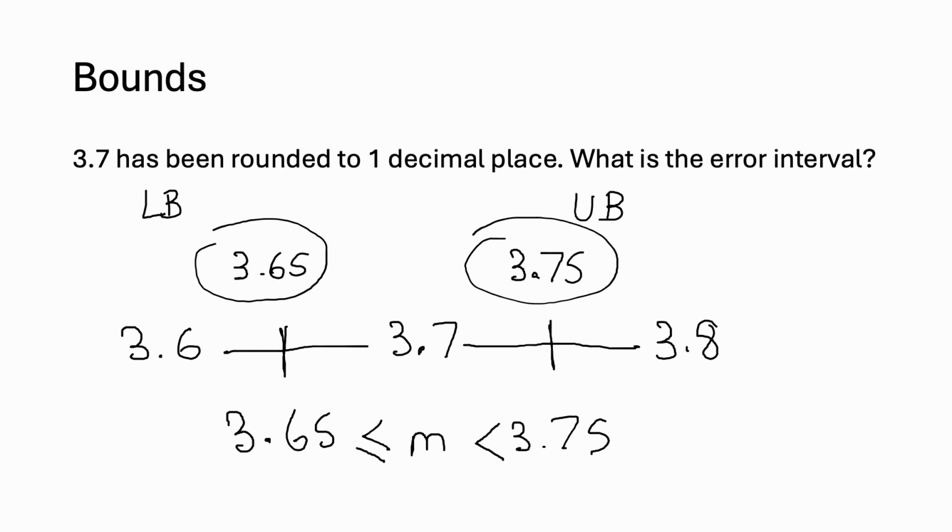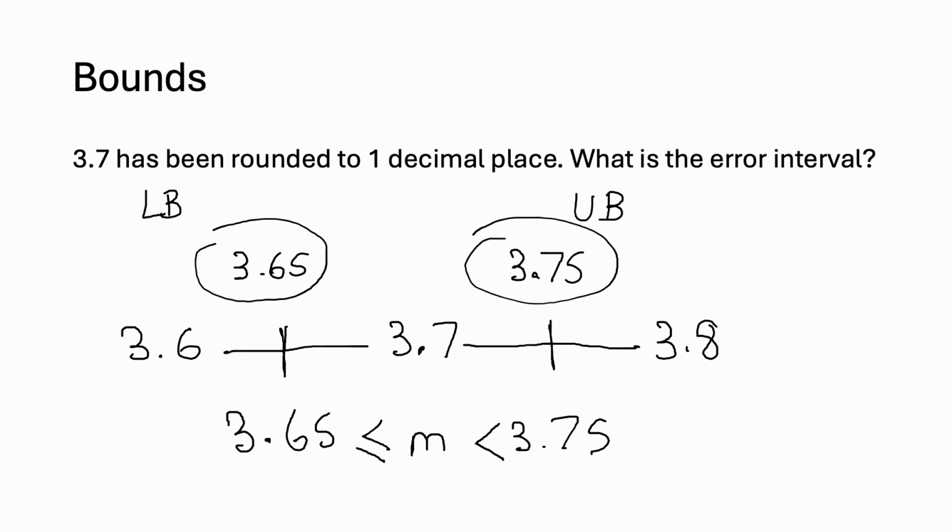And we have to say it has to be less than 3.75 because if we round 3.75 to 1 decimal place, because the 5 here is 5 or more, that means that we have to round up. So if we rounded 3.75 to 1 decimal place, we'd get 3.8. So that means that our number has to be less than 3.75.